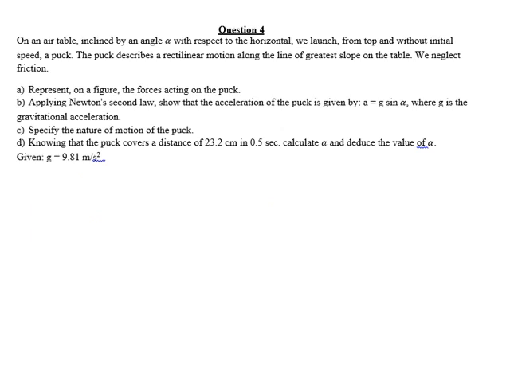Part D. Knowing that the puck covers a distance of 23.2 centimeters in 0.5 seconds, calculate a and deduce the value of alpha. So x equals 23.2 centimeters times 10 to the power minus 2, equals 0.232 meters. The time is equal to 0.5 seconds.